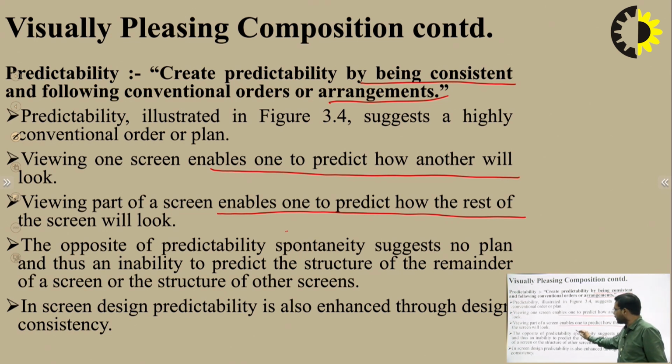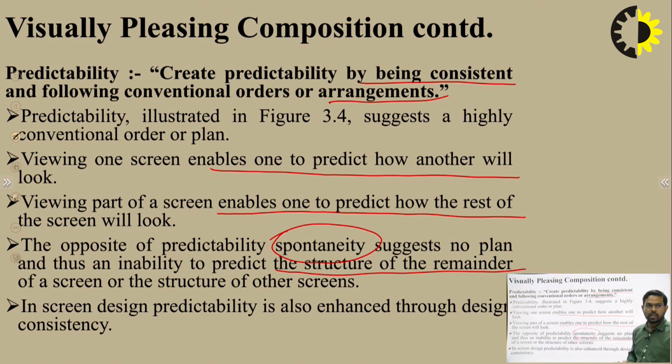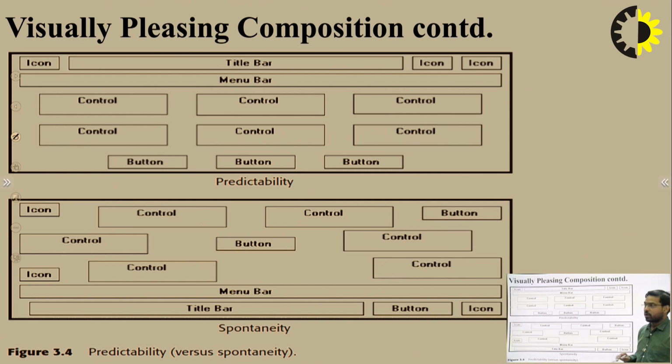The opposite of predictability is spontaneity. Spontaneity suggests no plan, and thus an inability to predict the structure of the remainder of the screen or the structure of other screens. In screen design, predictability is also enhanced through design consistency. For example, that is the Windows look: icon, title bar, menu bar, control button.